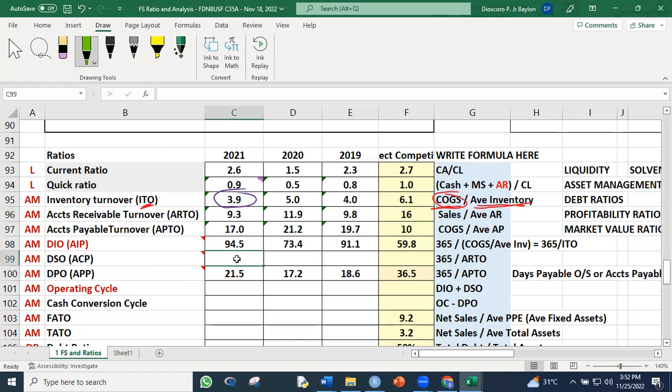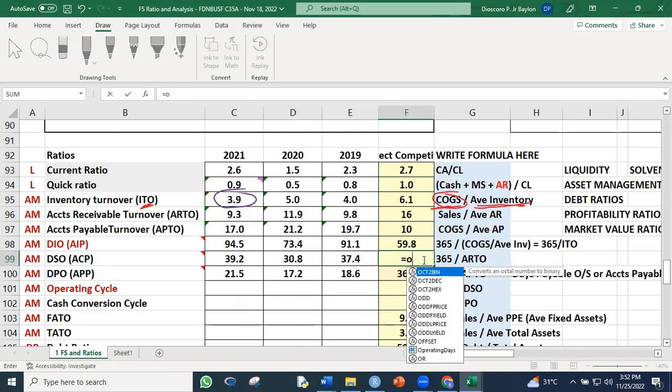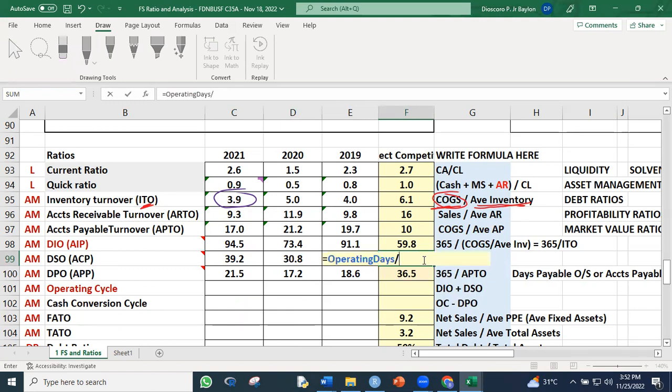Okay, so let's see. The cousin of Arto is days sales outstanding, and as you guess, this is operating days divided by the Arto. Alright. So ganun din to, operating days divided by the Arto. Okay, what can we see here?